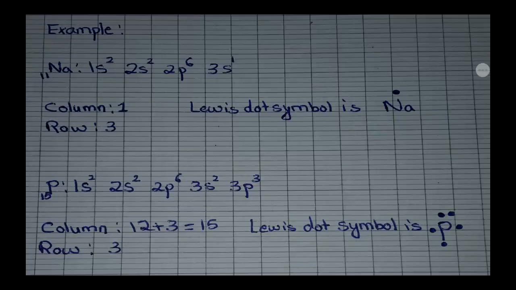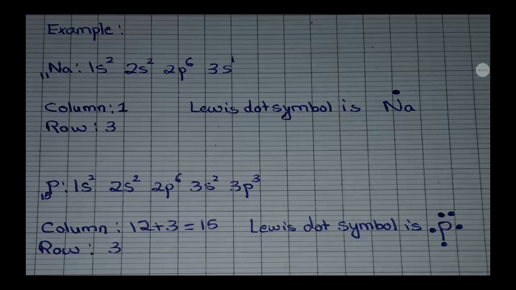Another example, Na 11, Z equal 11. I distribute the electrons on the subshells: 1s2, 2s2, 2p6, 3s1, not 3s2. I have one electron only to fill, so I put 3s1. s1, then it is in column 1.